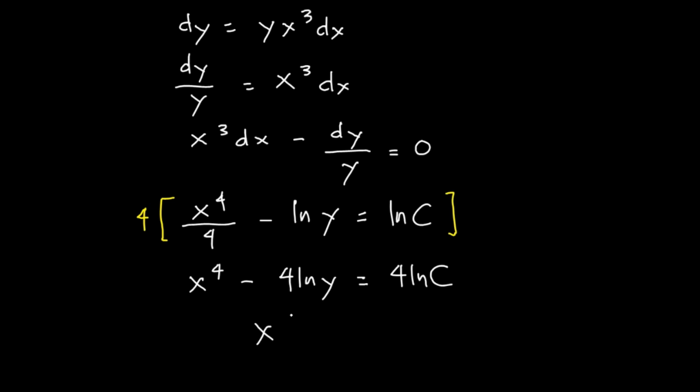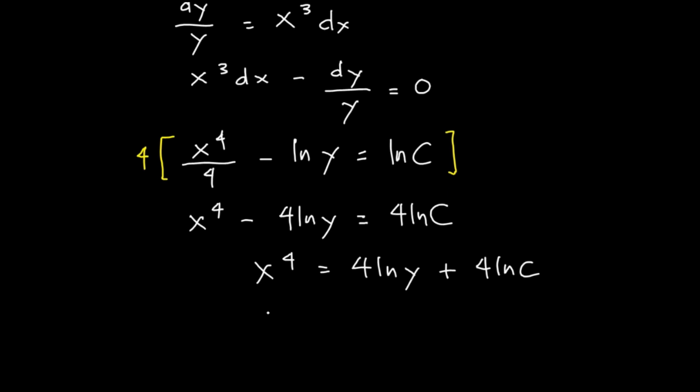We have x to the fourth equals negative 4 ln y becomes positive 4 ln y plus 4 ln of c. Okay? Then, we have x to the fourth equals, we have a common factor of 4, so 4 times ln of y plus ln of c.